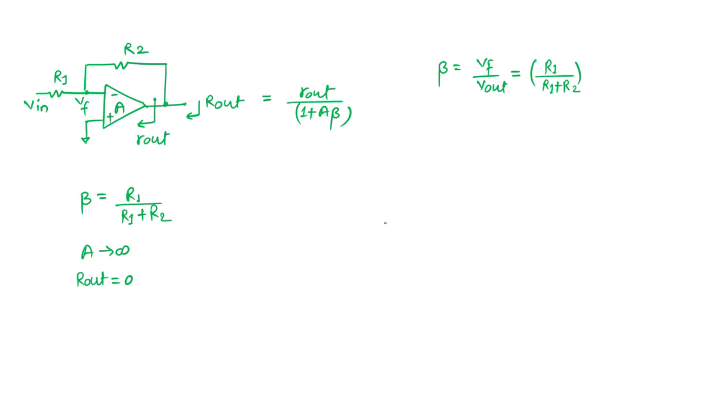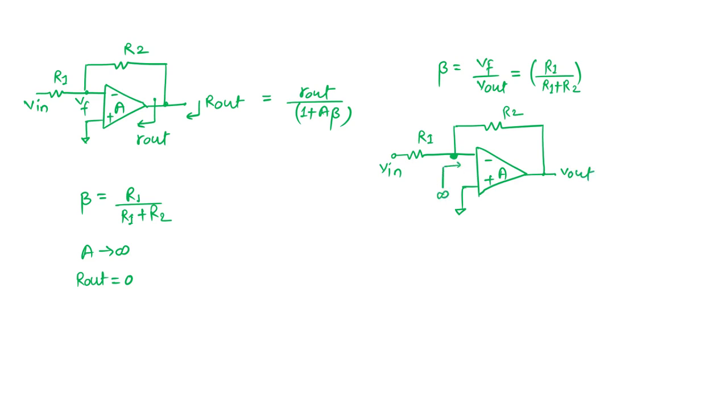So what will happen with the input impedance? Usually when we see from here, this is R1 and here the input, and this is my output. When we see the input impedance from here, it looks to be infinite.